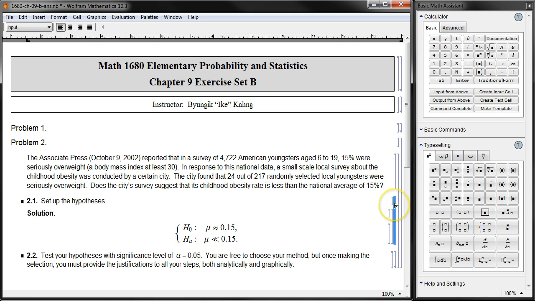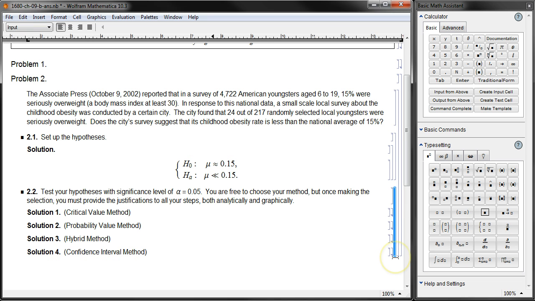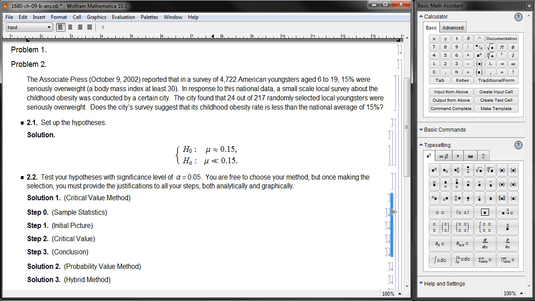Anyway, here are the hypotheses, and let's test these hypotheses using the level of significance of 0.05. I'll leave these two, the hybrid and confidence interval methods, to students, and we'll talk about the critical value method and the probability value method. First, the critical value method goes like this.